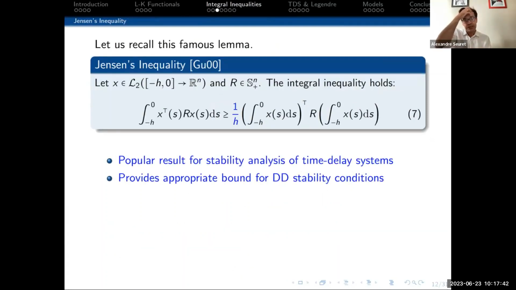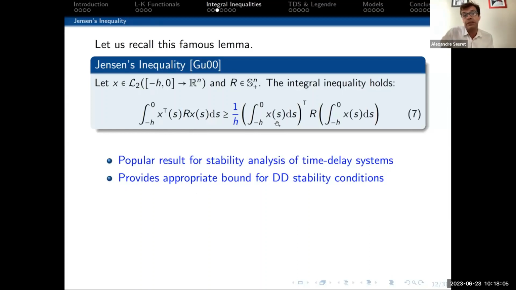So how does it work? Jensen inequality states the following. For any function that is integrable and for any matrix that is positive definite, these inequalities hold. What does it say? It says that the integral of a quadratic term is greater than a quadratic expression of the integral terms.